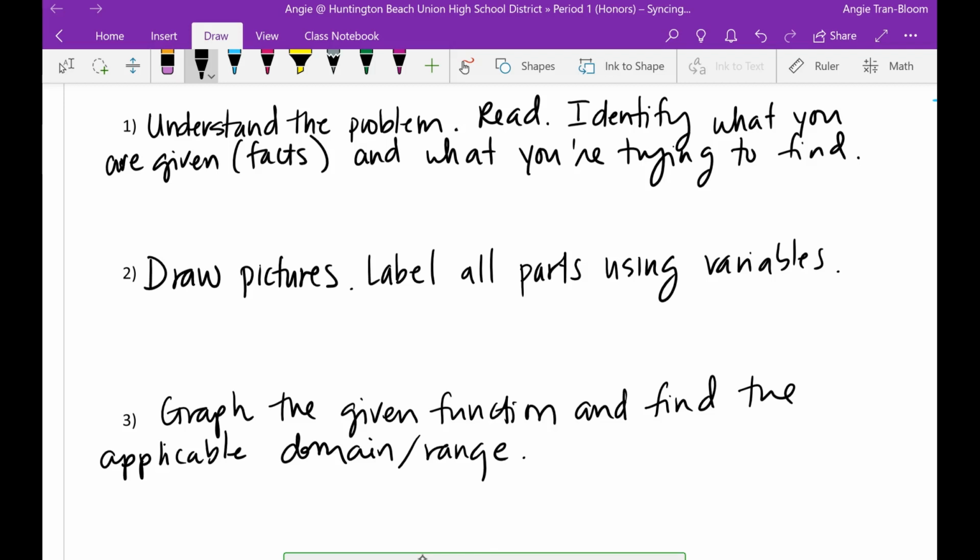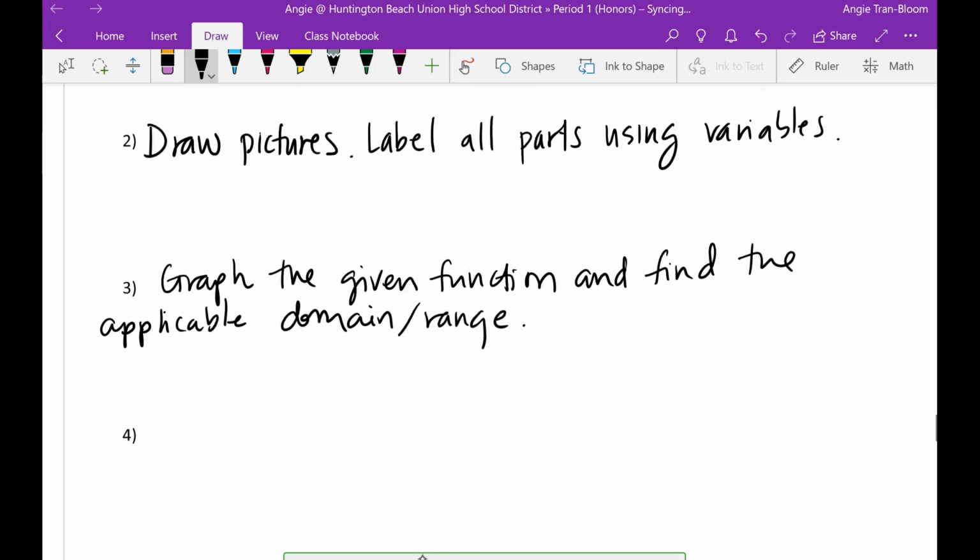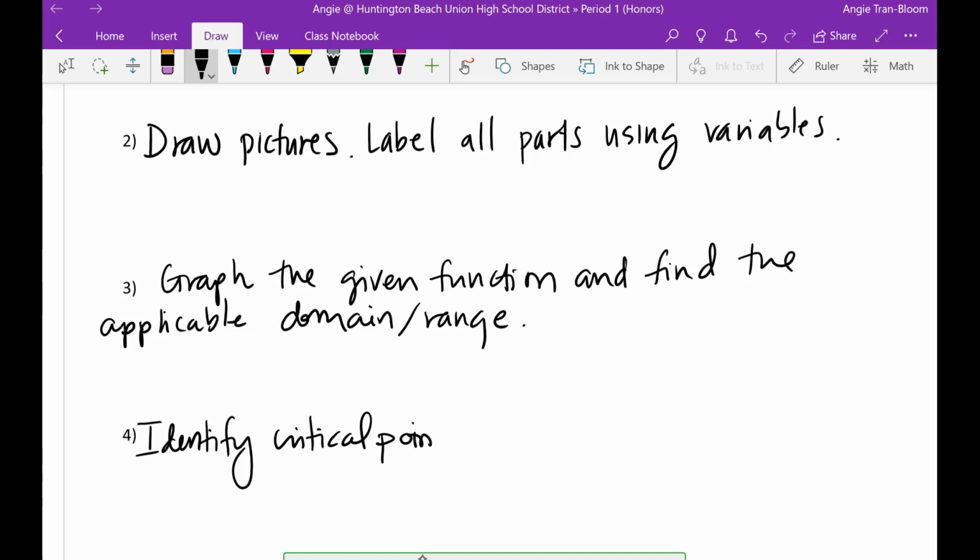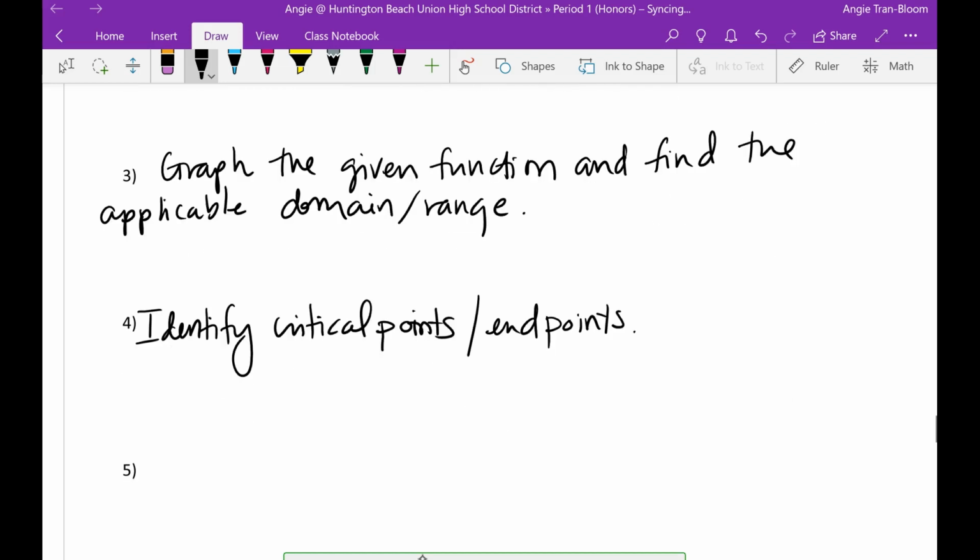Next we're going to need to find the critical points and also the endpoints. So identify critical points and endpoints. Then number 5, solve the problem.